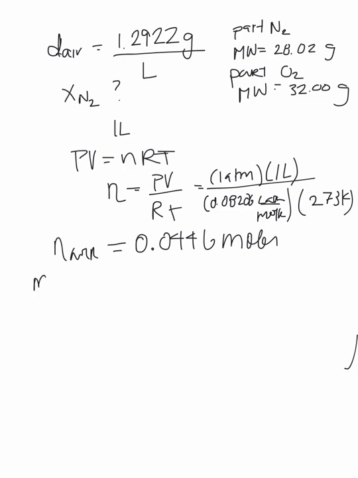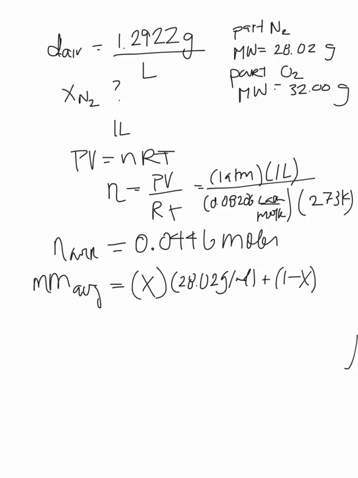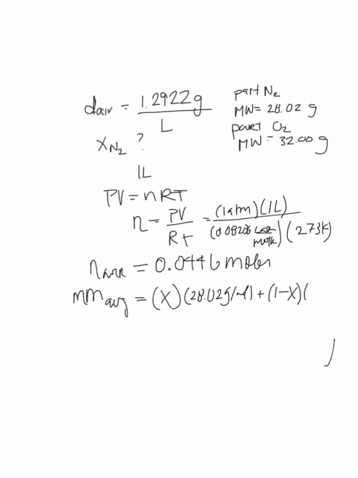So we know that the average molecular weight, or the average molar mass, is equal to the mole fraction of N2 times the molecular weight of N2 in grams per mole, plus 1 minus the mole fraction of N2 times the molecular weight of the other compound, which would be oxygen, so 32.0 grams per mole.